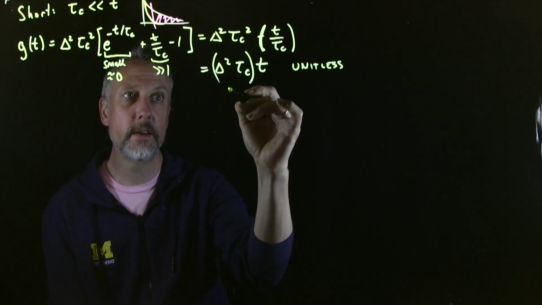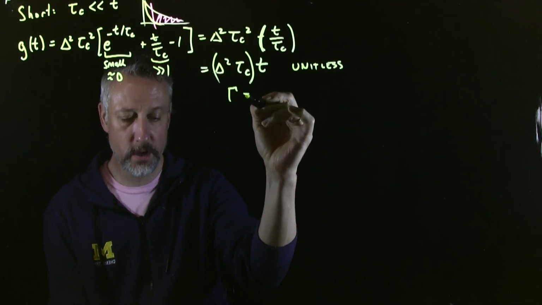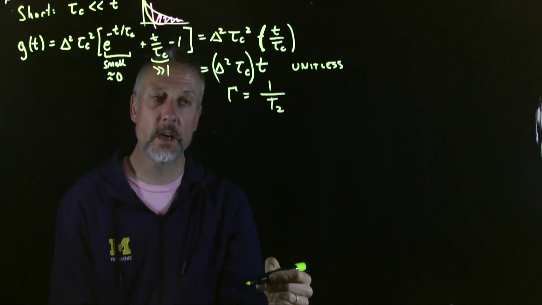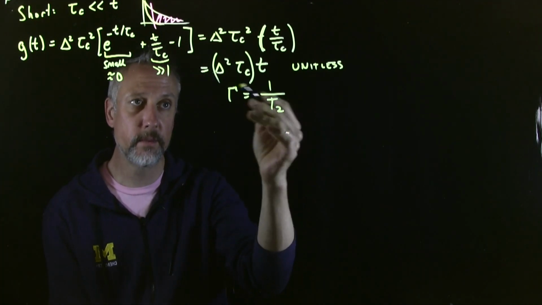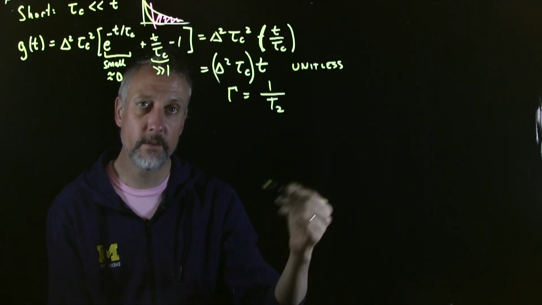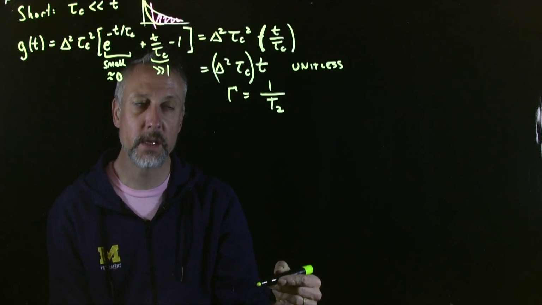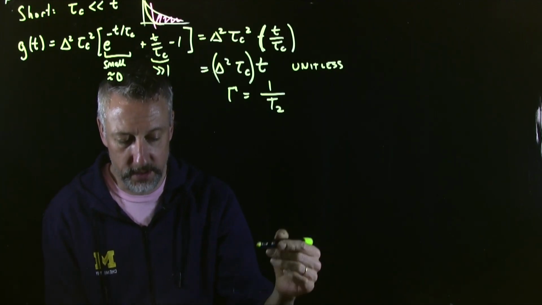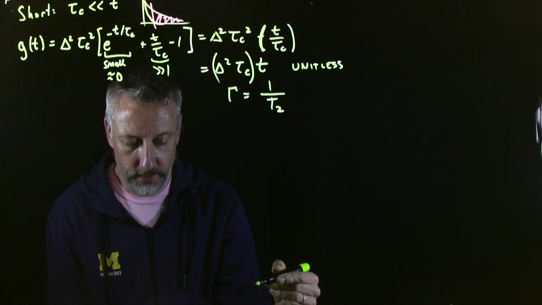So let's call it gamma, and we'll call that 1 over T2. We could call it whatever we want, but this is just to make contact with other theories and the conventional notation that people use. For now, of course, it makes no difference, but for the language that we want, this is what we're going to do.